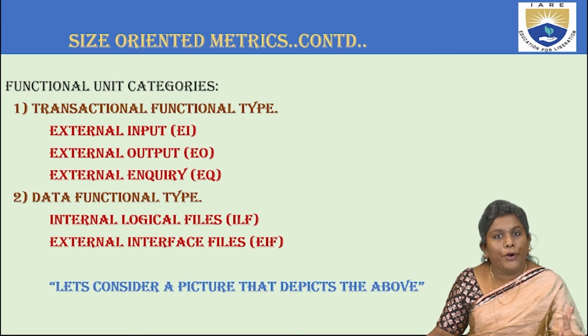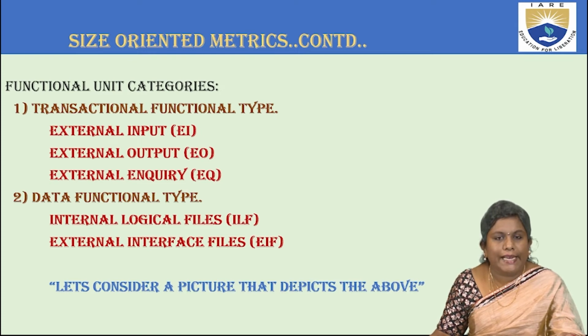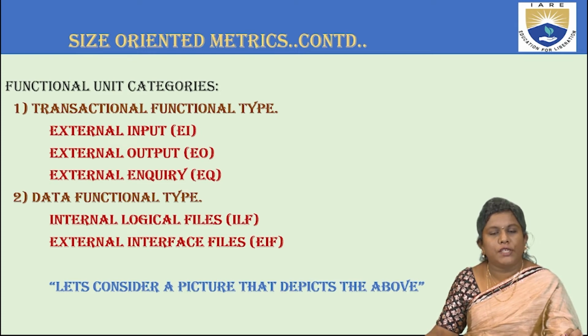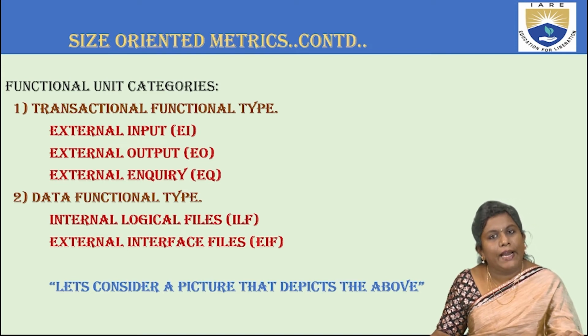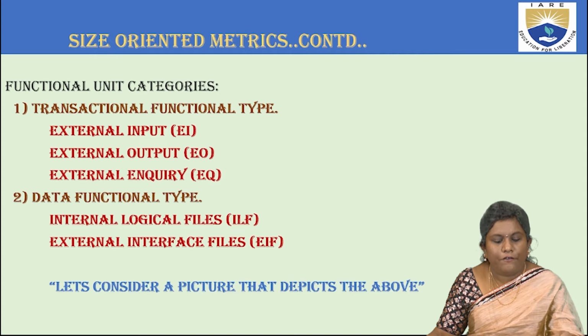Here they are broadly categorized into 2 things. The first one is the transactional functional unit, which involves external input, external output and external enquiry, written in short as EI, EO and EQ. The second category is data functional types, that is ILF, internal logical files, and EIF, external interface files.